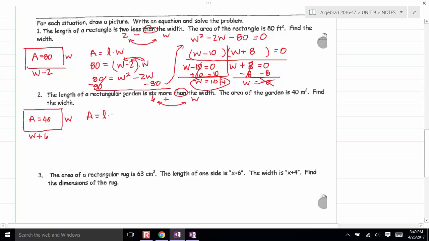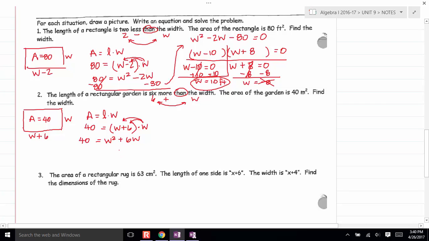Area is equal to length times width. I can replace the area with 40. My length is W plus 6, and the width is W. I need to distribute the W over here on the right side. So it's going to give me 40 equals W squared plus 6W.